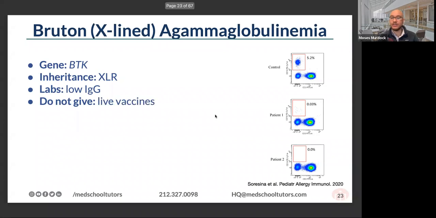Bingo. So you don't give live vaccines, right? You could probably pursue a whole PhD studying the signaling pathway of BTK, but for the purposes of exams, what's on the slide is generally what you need to know. The clinical presentation along with these basic science facts.